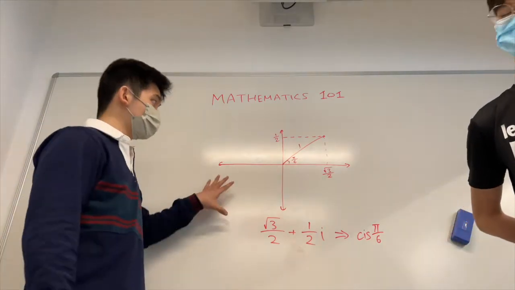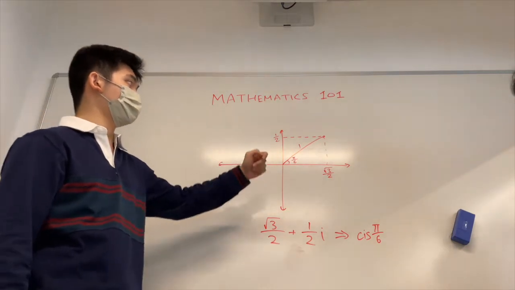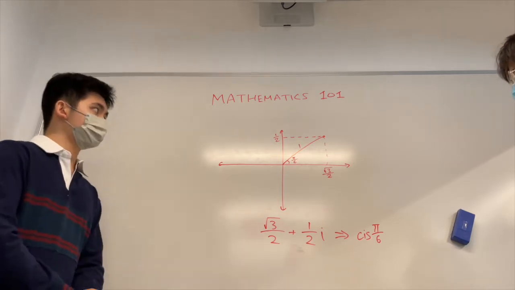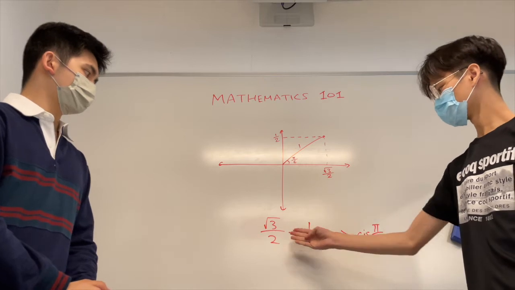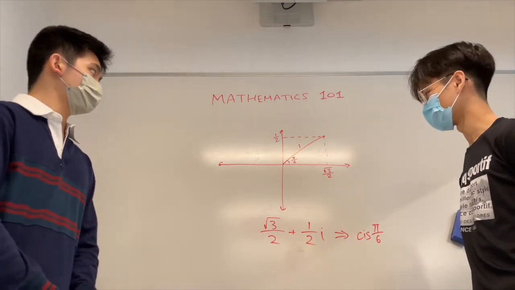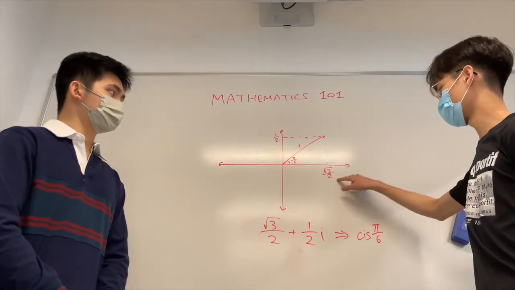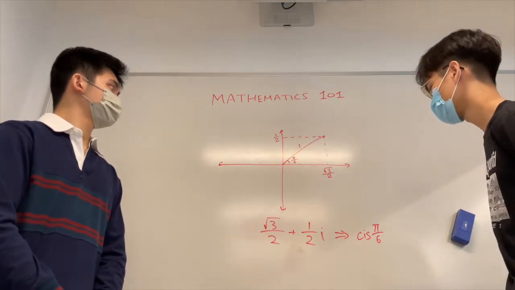Hi everyone, so this is the Argand diagram where we can visualize the modulus, the argument, and the entire complex number. Given the complex number square root of 3 over 2 plus half i, we can draw it on an Argand diagram with the x-axis representing the real component and the y-axis representing the imaginary component.